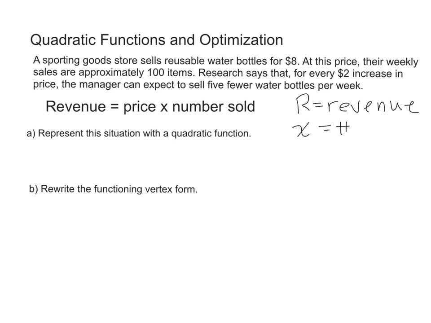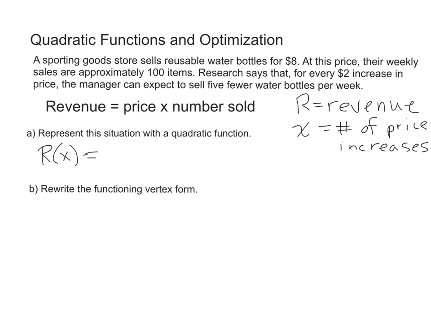Because price is what's varying. So the number of price increases. And then we need to write an equation or a function for R as it relates to X. Revenue as a function of the number of price increases.